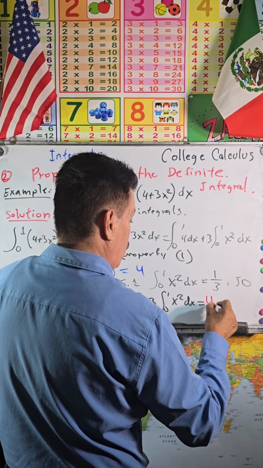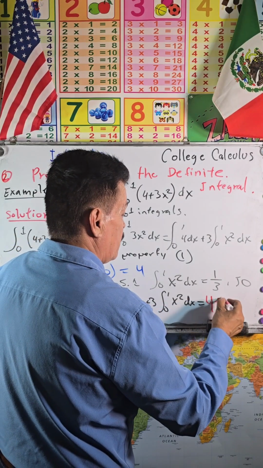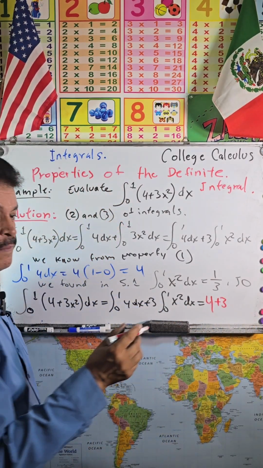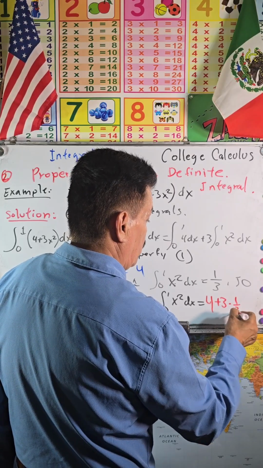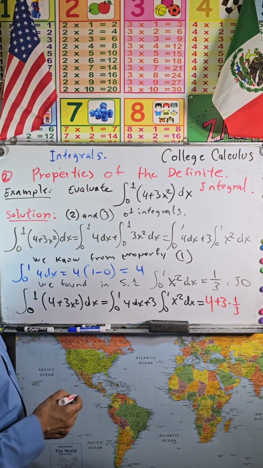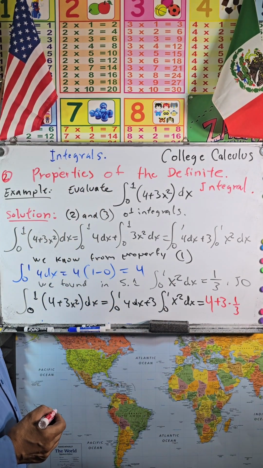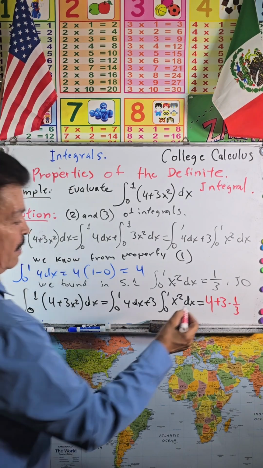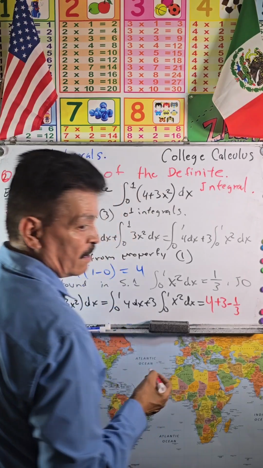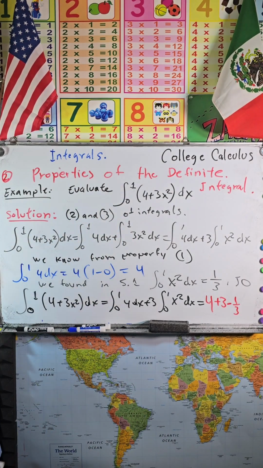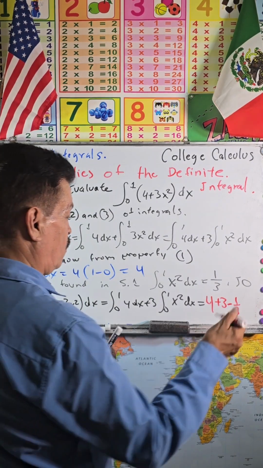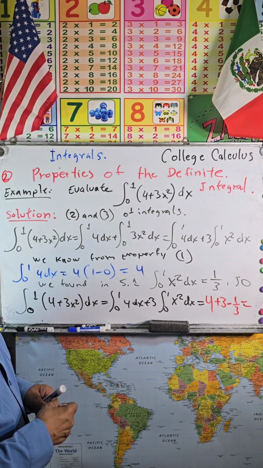We have 4 plus 3 times 1/3, which equals 5.